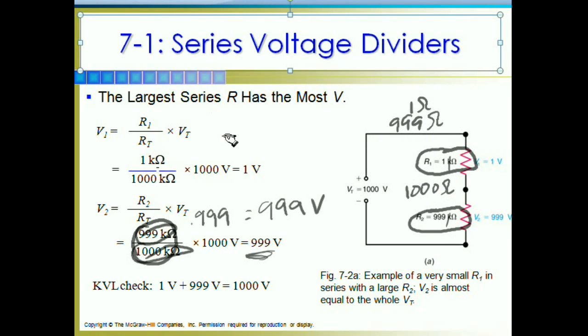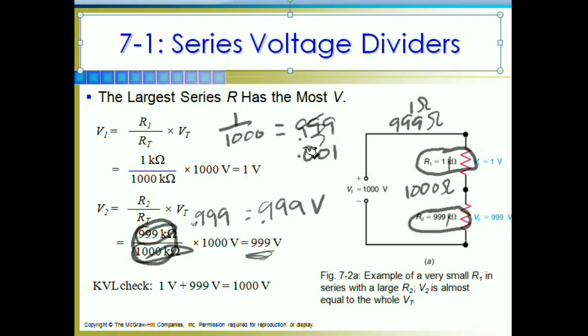Well, in this case, for R1, 1 over 1,000 is still going to equal 0.001. In this case, 999 over 1,000 is still going to equal 0.999.